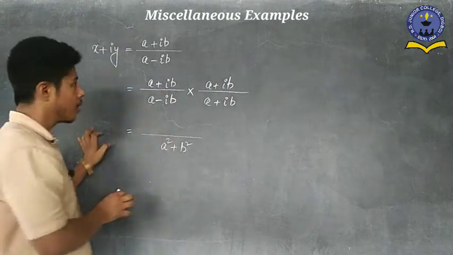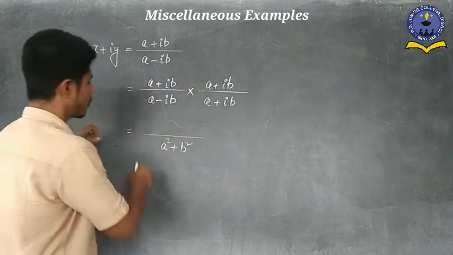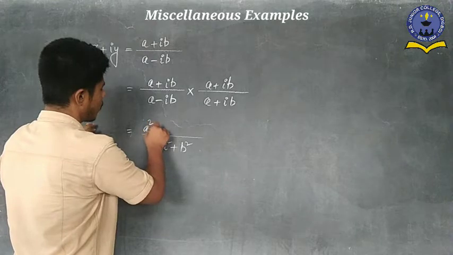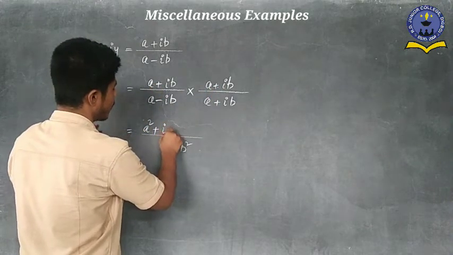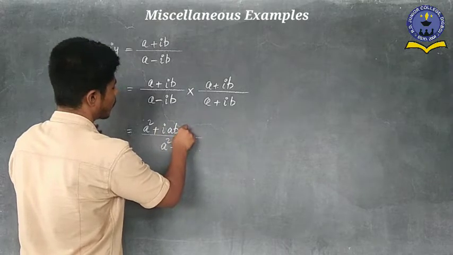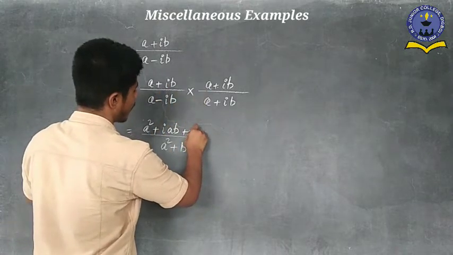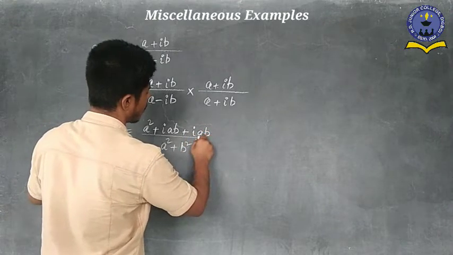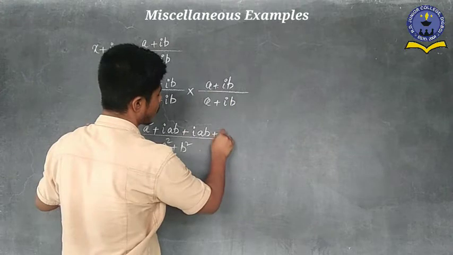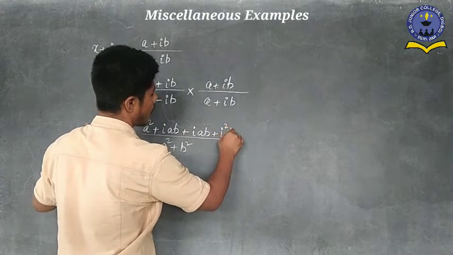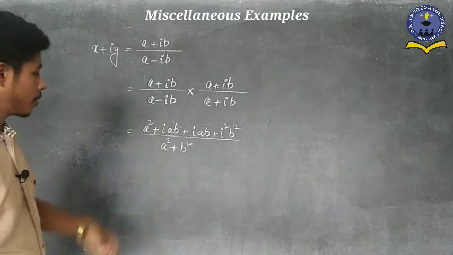Multiplying a into a, we get a square, plus a into ib, that means i ab, plus ib into a, that means i into ab, and finally i into i square, so we write i square b square. Is it clear?